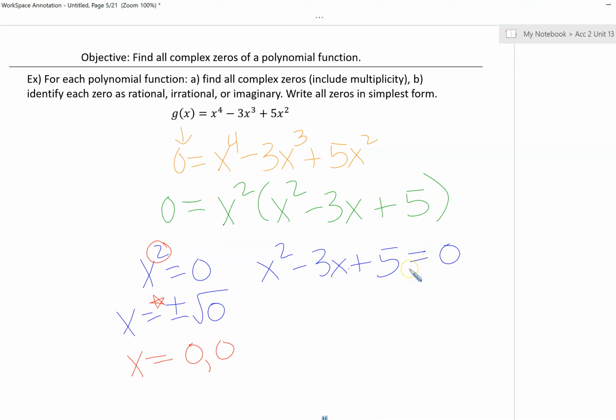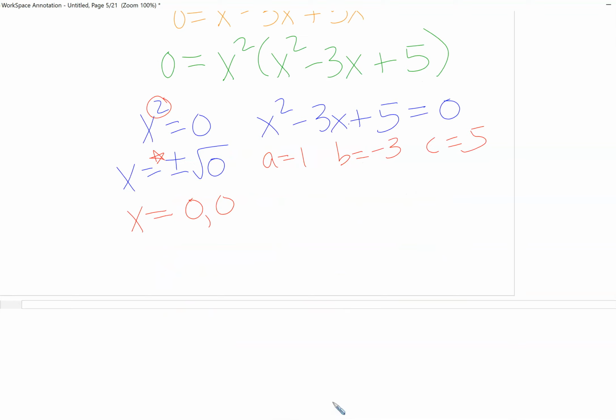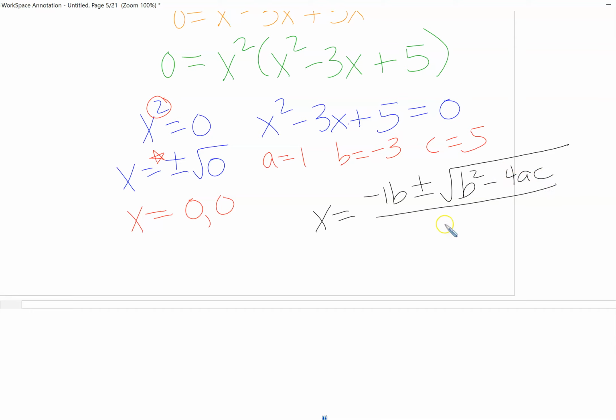On our trinomial here, we have to use our quadratic formula. So a is equal to 1, b is equal to -3, c is equal to 5. And if you don't quite remember your quadratic formula, definitely write it down in your notes. So x equals -1 times b plus or minus the square root of b squared minus 4ac, all divided by 2 times a.